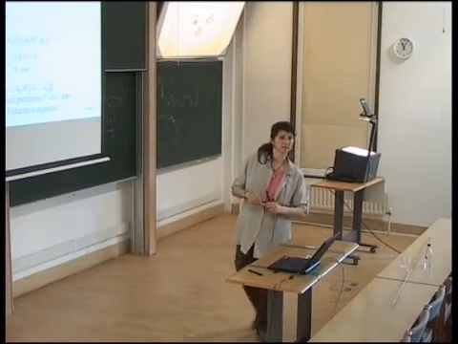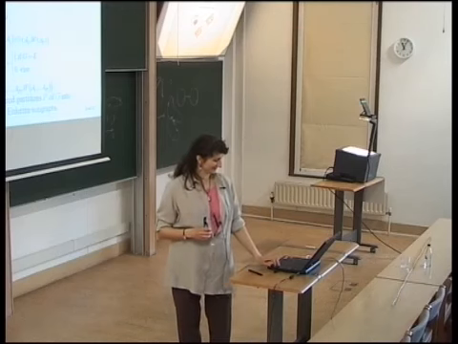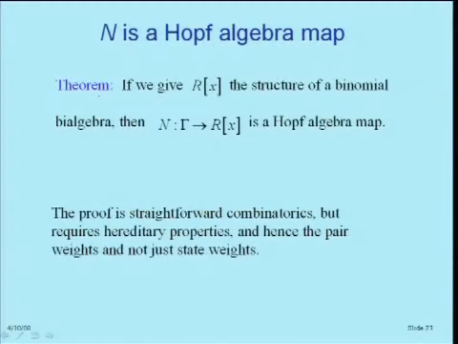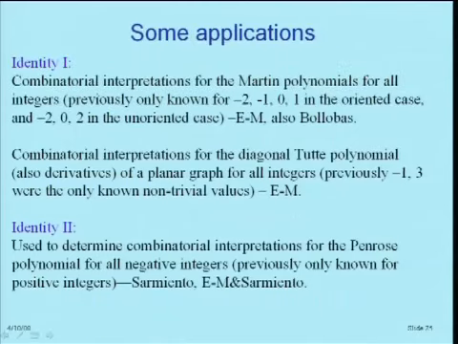I would love to have it. There are some people here I'd like to talk to about that. Okay, so these give you really nice, powerful theoretic tools. Look at this, this would be the last slide.